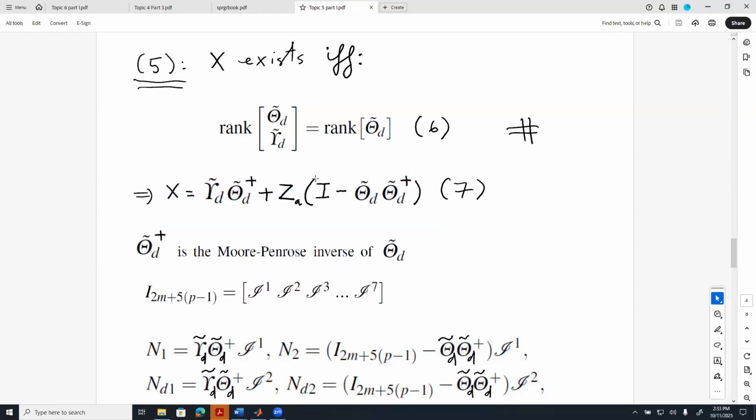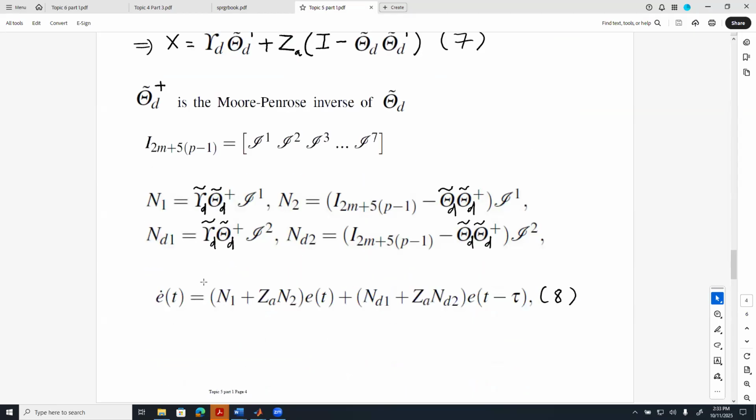And if this term here is non-zero, that might give us an extra degree of freedom in assigning the stability of the time delay system. Or in other words, we might need to solve the stabilization problem of finding this matrix Zi here, where N1 and N2 are known, ND1 and ND2 are known.